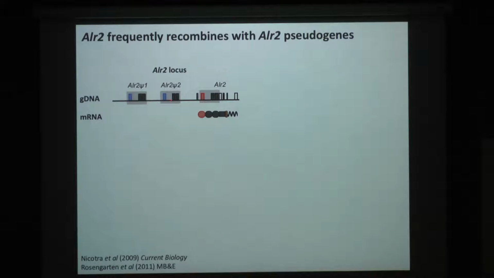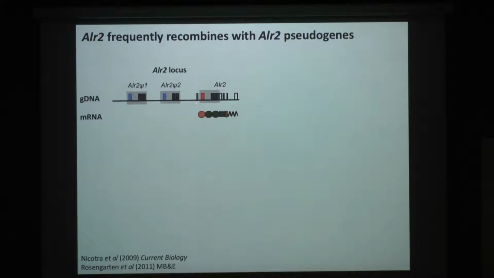But regardless of what she finds, just looking at that first domain, we think that this actually happens quite a bit in nature. And the evidence for that comes from some work that was done looking at the genomic locus and then the population. So this is the gene I just showed you. If you look in the genome upstream, there are 2 pseudogenes, pseudogene 1 and pseudogene 2.